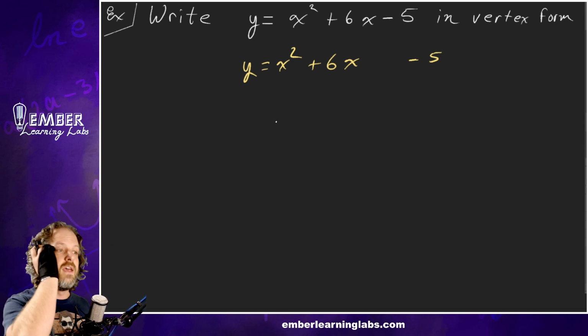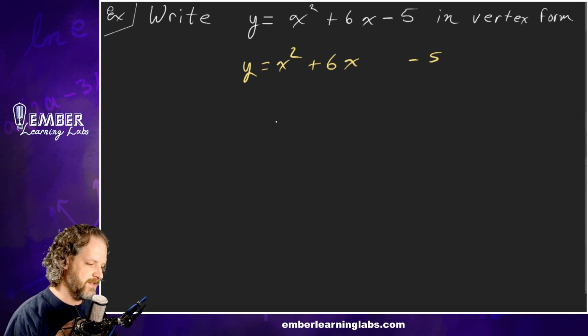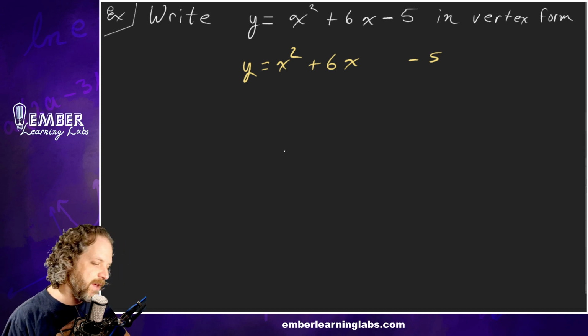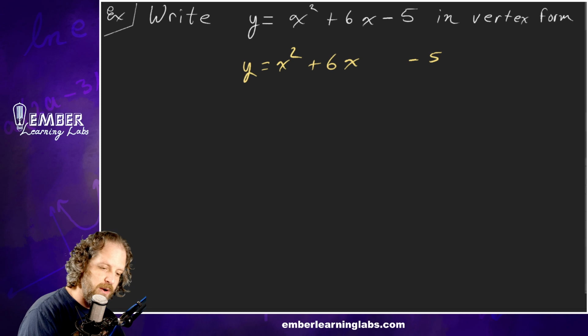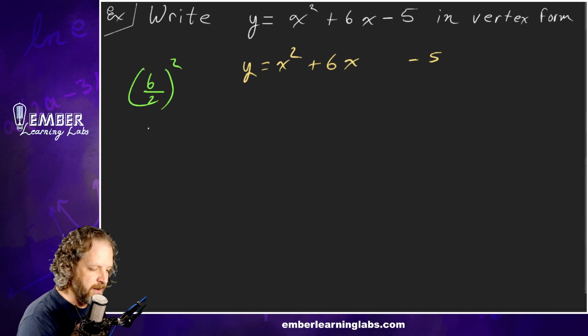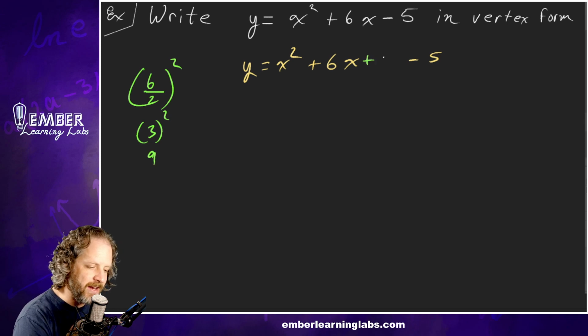So here we're just going to do the same thing we always do with completing the square. We're going to do the green part. We're going to do b divided by 2, so 6 divided by 2, squared. 6 divided by 2 is 3. Squared is 9. So we're going to add 9 right here.